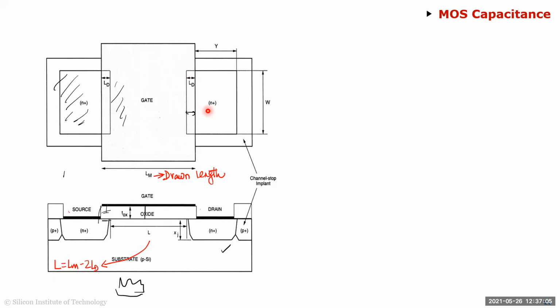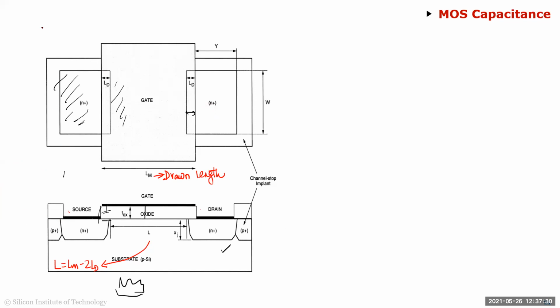Now, there is variability between different runs. The process can vary such that LD varies over a range. That's what we'll see when we start doing corner simulations and talk about process corners. They'll give you a range. They'll say this LD is going to vary; it'll be part of the model.